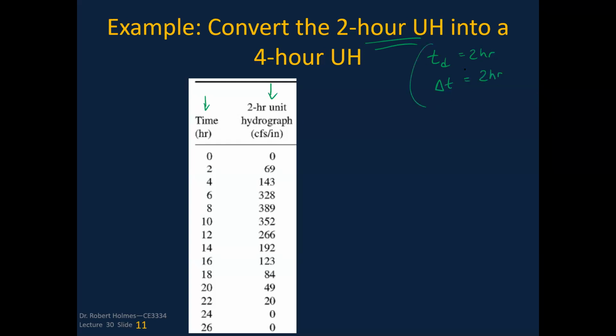Whatever way you want to represent the effective duration, I don't care, pick your symbol. This is a 2-hour effective duration, and I want to move this to a 4-hour unit hydrograph. This example will show you how to do that, and we'll walk through it in class. But you should take some time to look through the slides to see if you can figure this out yourself prior to coming to class.